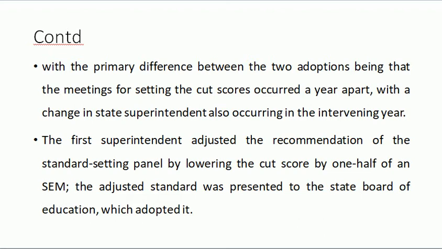With the primary difference between the two adoptions being that the meetings for setting the cut scores occurred a year apart, with a change in state superintendent also occurring in the intervening year.